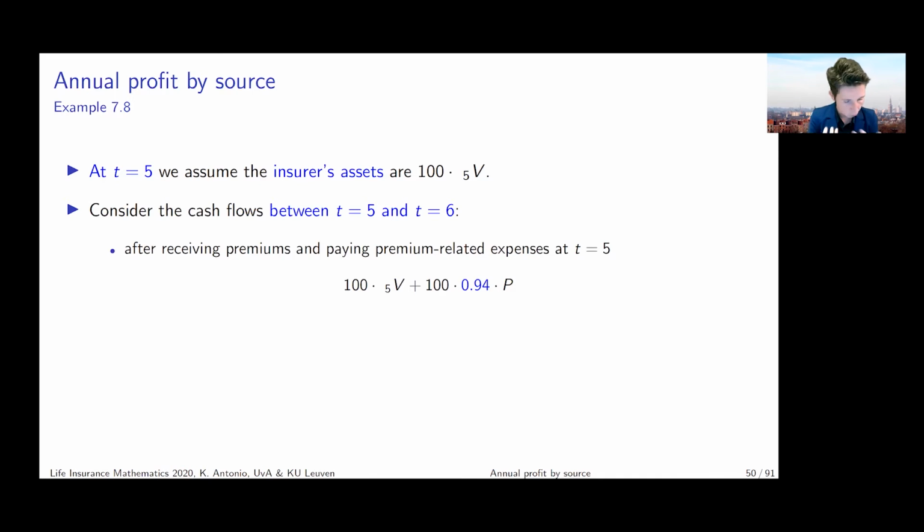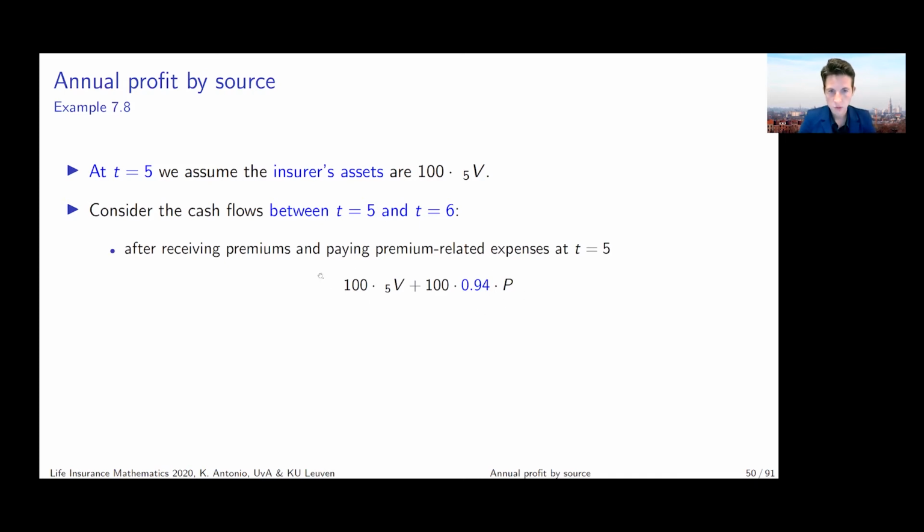In the information given on the previous sheet, we see that in reality these expenses turn out to be 6% of the premium. So 6% of the premium was the actual expense that we incurred between time 5 and time 6.